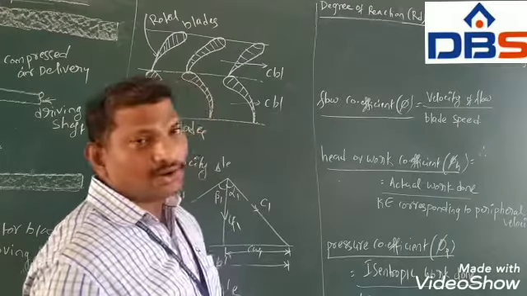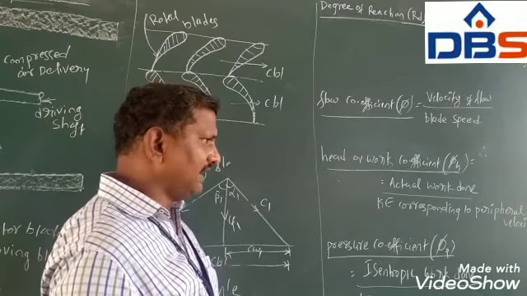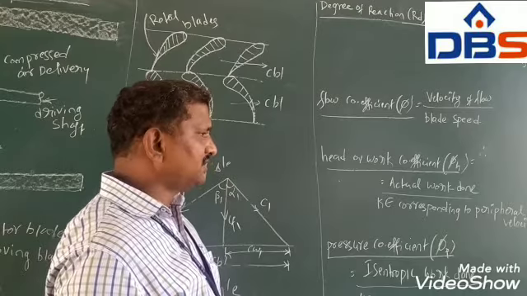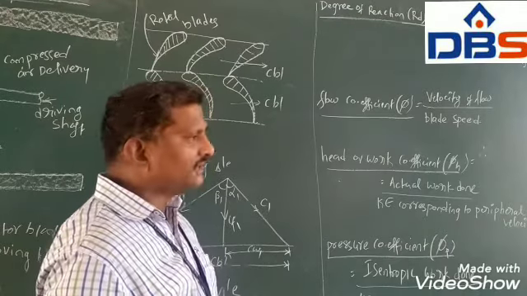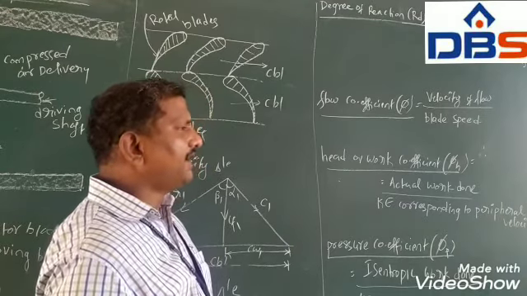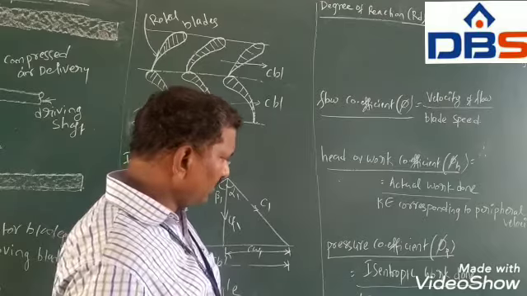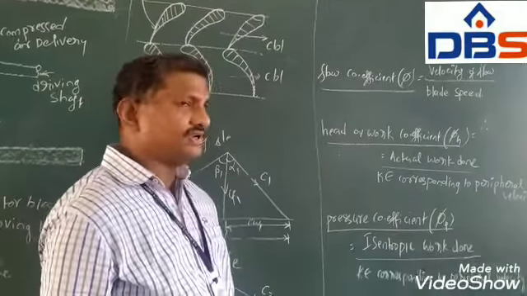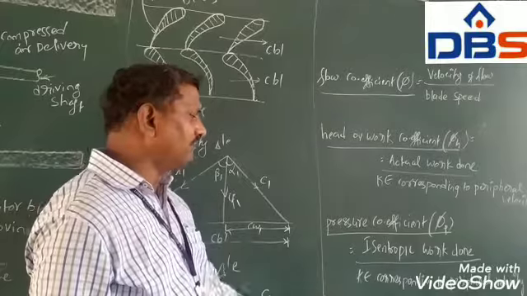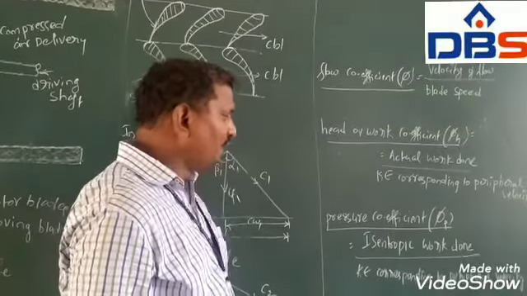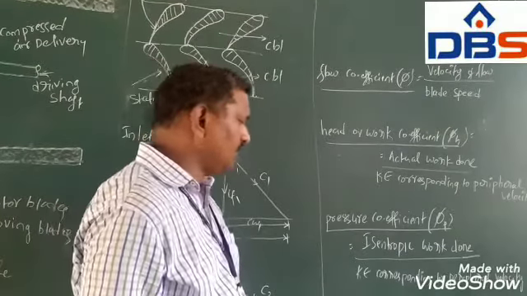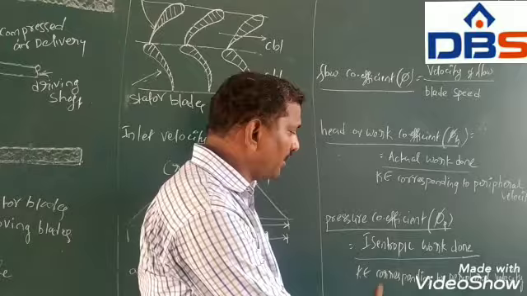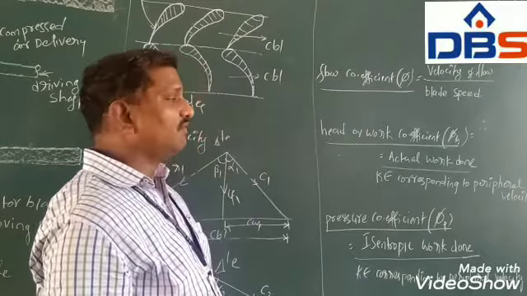If D is the rotor diameter and N is the rotational speed, then we can get the blade speed as pi D N by 60. We know it. And the pressure coefficient. What is meant by pressure coefficient? This is the ratio of isentropic work done to the kinetic energy corresponding to the peripheral velocity.